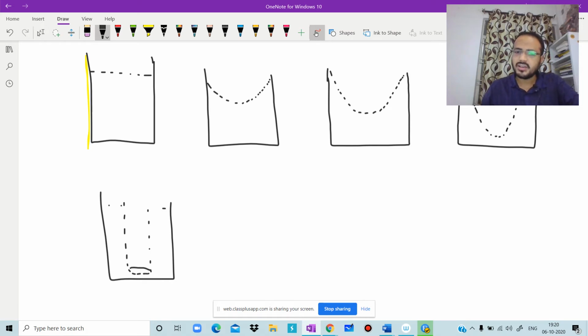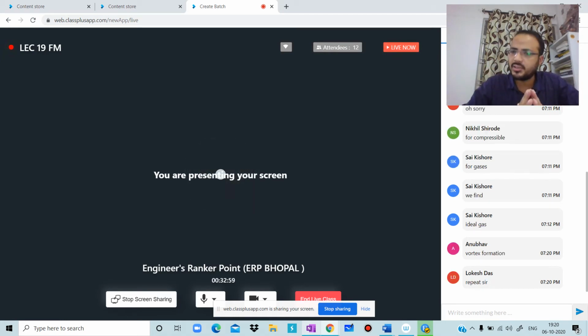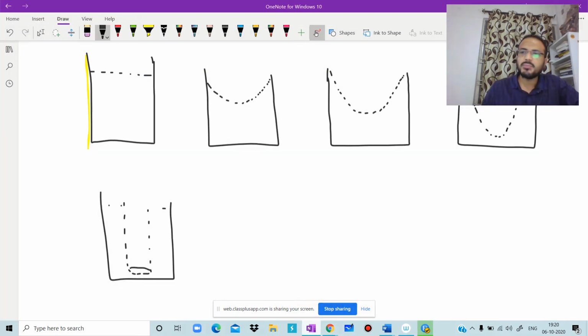Is it clear? Is this thing clear to each and every student? Vortex formation is not in our GATE syllabus, that we will not discuss, but whatever is in our syllabus, we will. So that's why I will not mention the name also. Is it clear to each and every student? Lokesh, I am saying, suppose we have a fluid in a container.